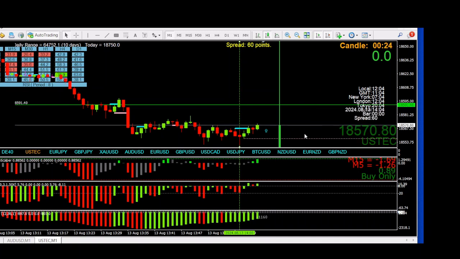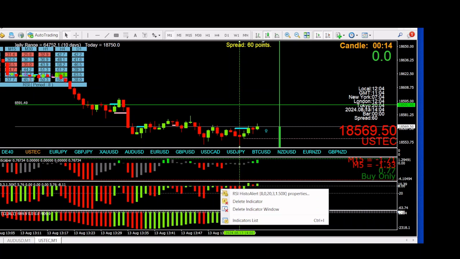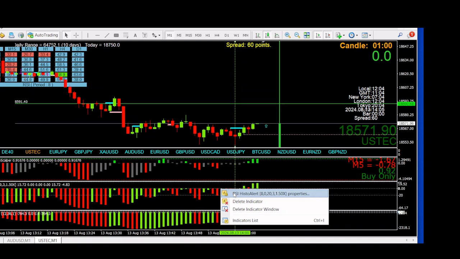And also remember, we're not waiting. If a blue arrow appears, it will appear because the line has been crossed. In this instance, I think I've got it set up to about 17, 18. The lower the time frame, like M1 for example, the sooner I want to be reacting to that RSI histo alert.